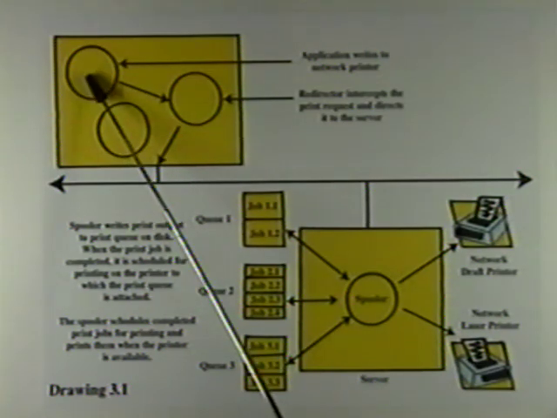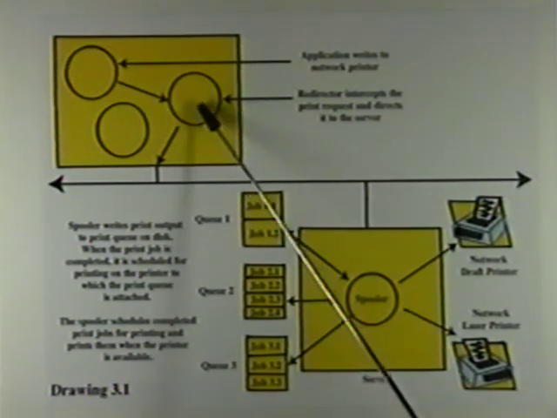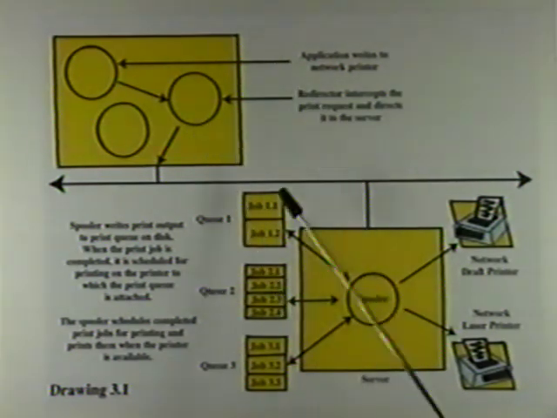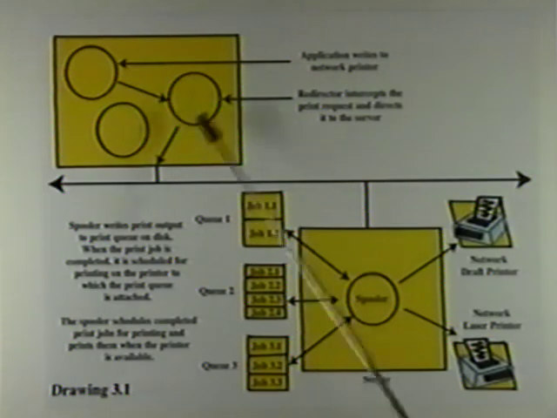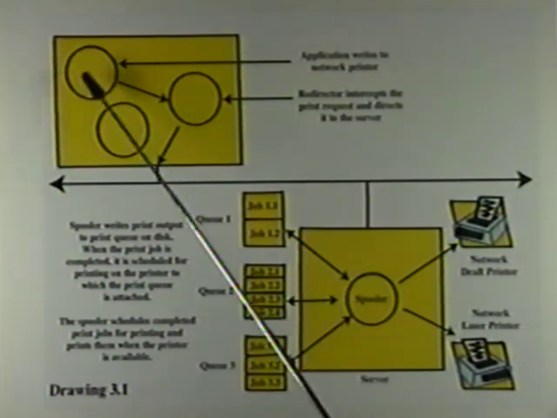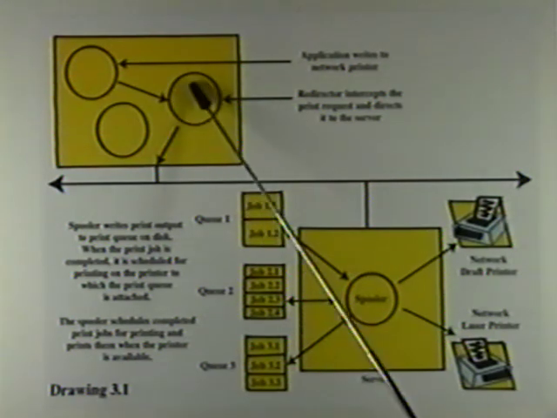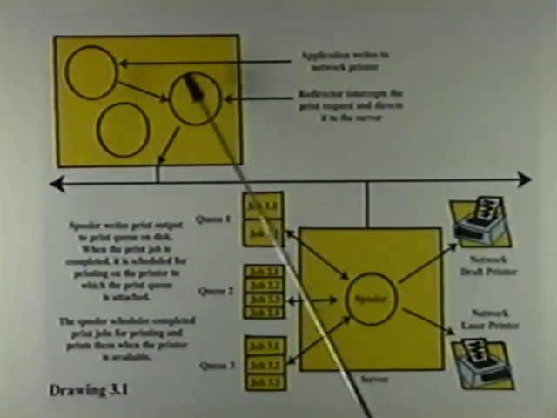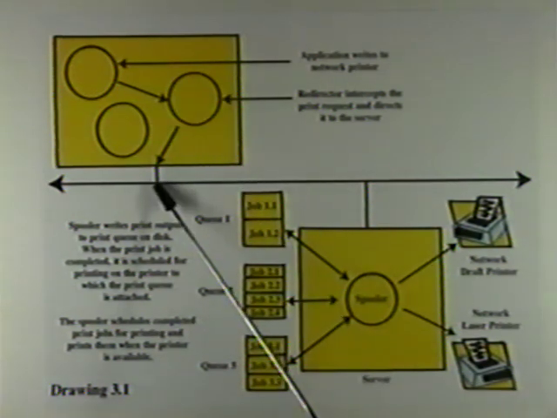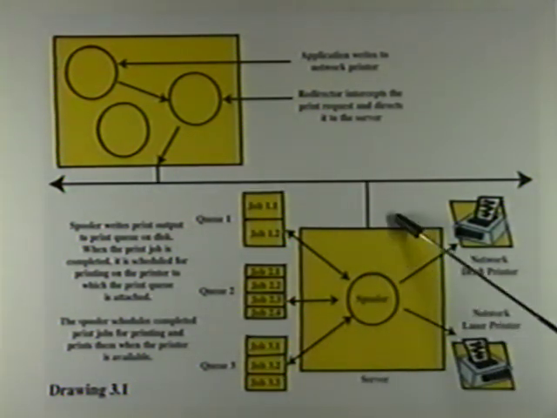This was the application, and then we had some LAN system software, and in this case I'm combining the redirector and the media interface into one circle. So this circle represents all of our LAN software. An application wants to write to a network printer. And this is sort of a review, but that request gets intercepted by the redirector, who realizes that the print request is to a remote printer, formats the message, and puts that out on the local area network. The data travels down the local area network to our printer spooler.